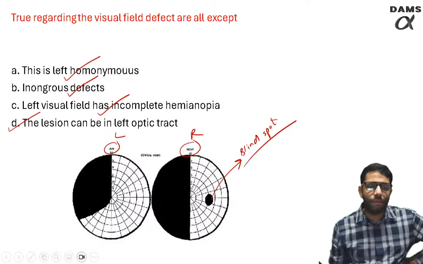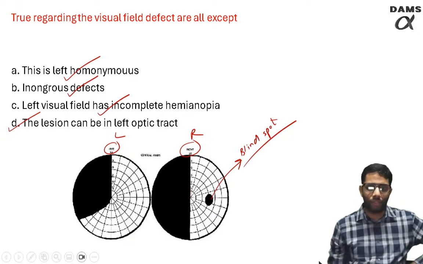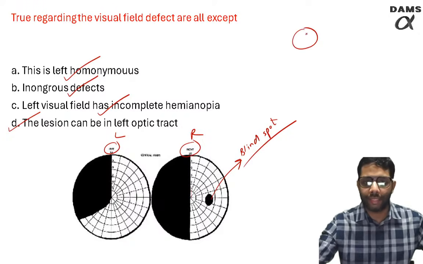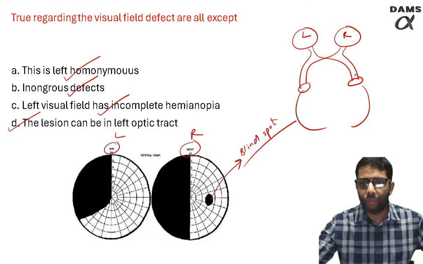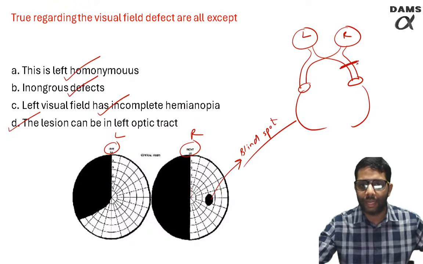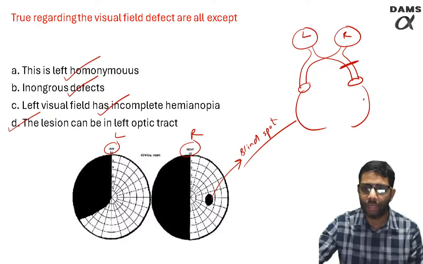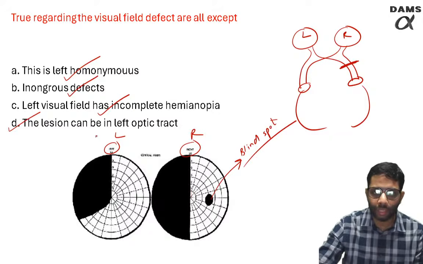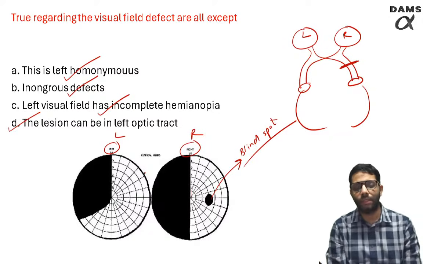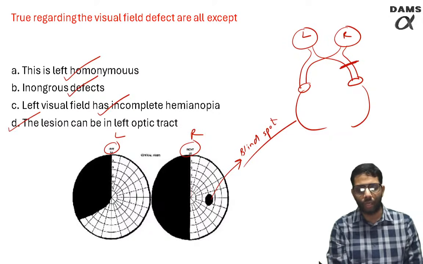Why is D the answer? Because that is seen in a right-side optic tract lesion. If the lesion is on the right side behind the chiasma, then it has to be left homonymous. Always remember, if this is a top view, the lesion is over here behind the chiasma on the right side: right optic tract, LGB, radiations, cortex, it has to be left homonymous. So a right optic tract lesion will have left homonymous hemianopia. Here it can be congruous and can be incongruous.